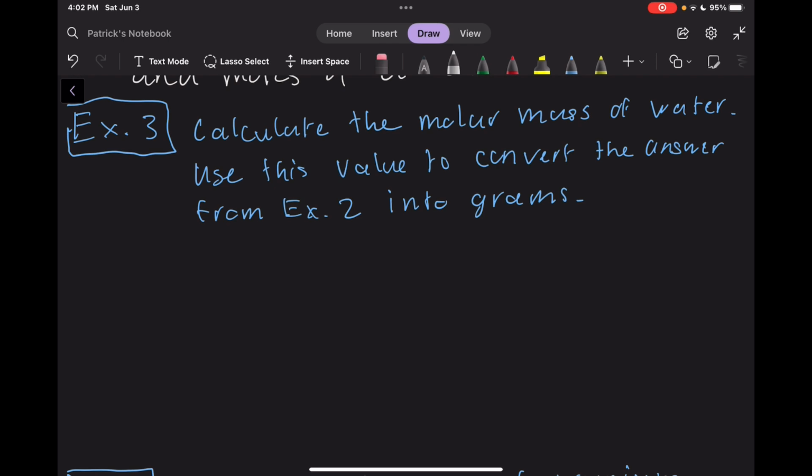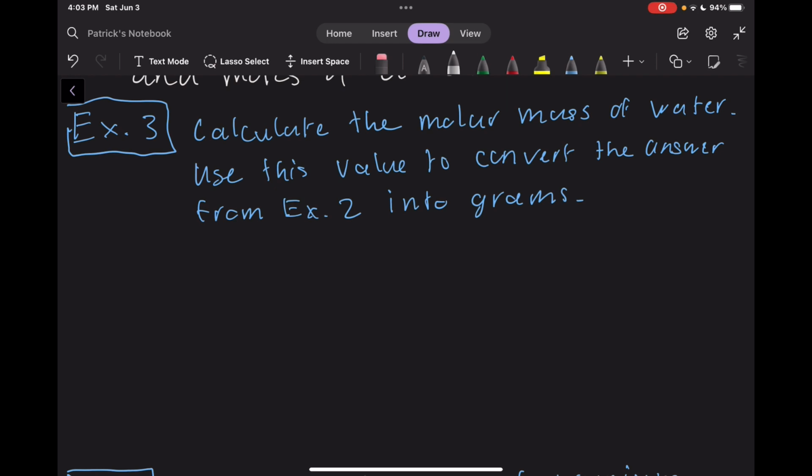Example 3 says, calculate the molar mass of water. Use this value to convert the answer from example 2 into grams. Water, as we very well know, has a chemical formula of H2O.